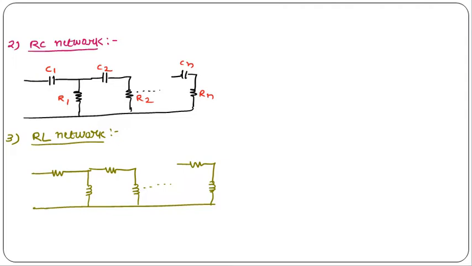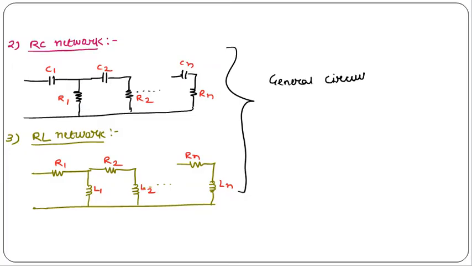Values are, this is R1, R2 and this is Rn. Similarly, this is L1, this is L2 and this is Ln. These two are known as the general circuit for RC and RL network in Cauer second form.